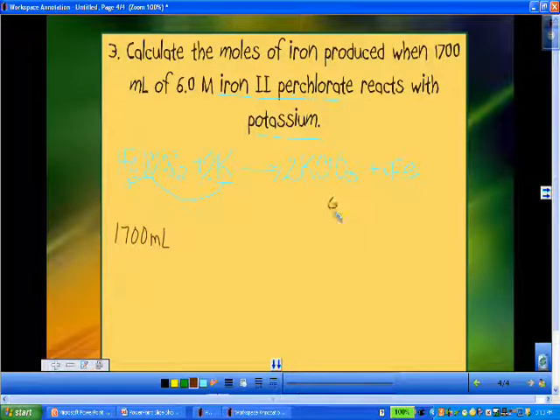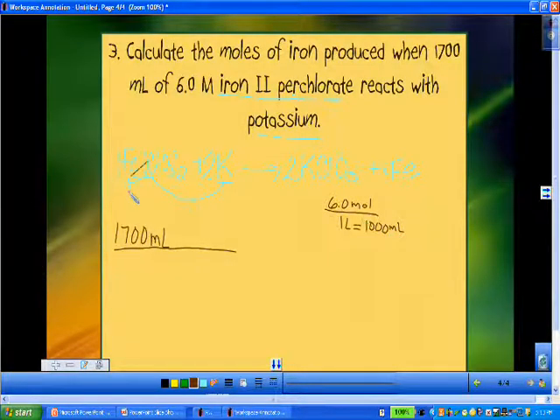So 6.0 molar is 6.0 moles per 1 liter. But we also know that 1 liter is equal to 1,000 milliliters. And so we can kind of take a step and cheat where we just put in our 1,000 milliliters and cancel that out without really making a conversion, since we know that 1 liter is equal to 1,000 milliliters.